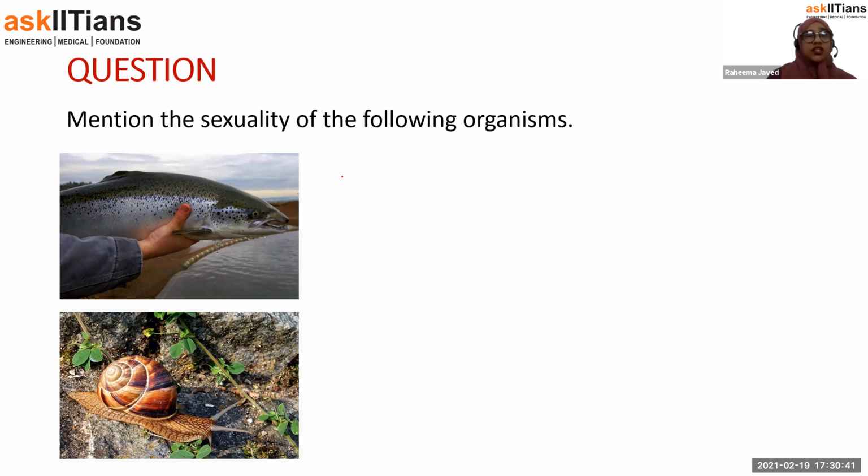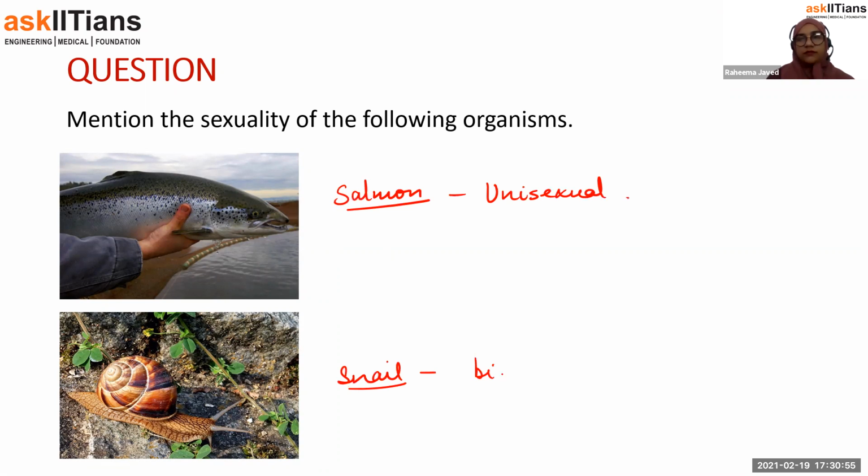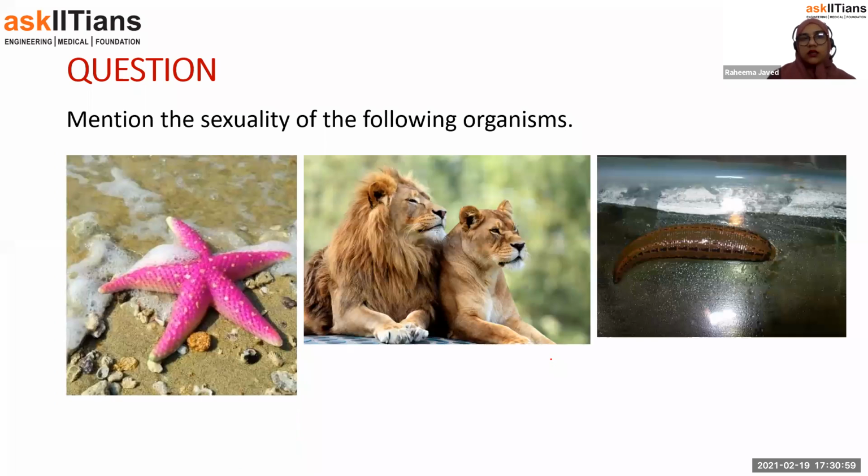Okay, let's move on. Same question is there, only the pictures are changed. This fish is salmon. Salmon is unisexual. Snail is bisexual. So this is a starfish.